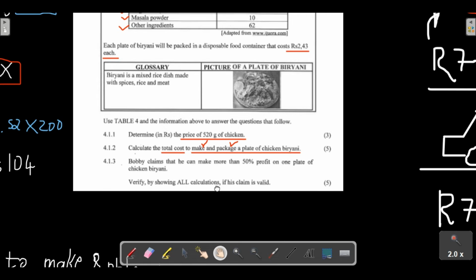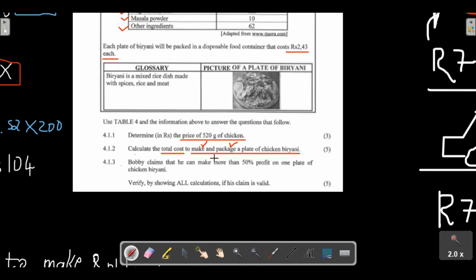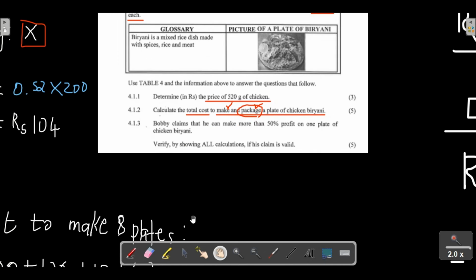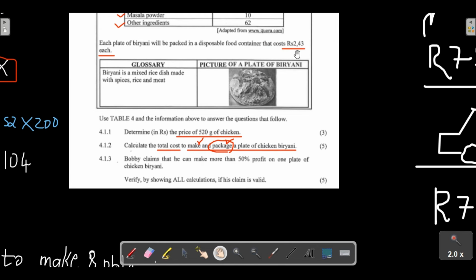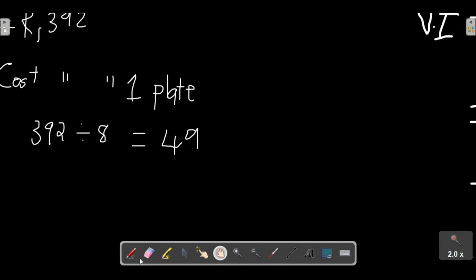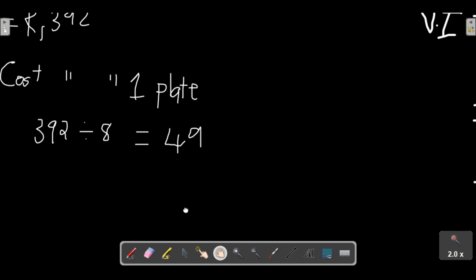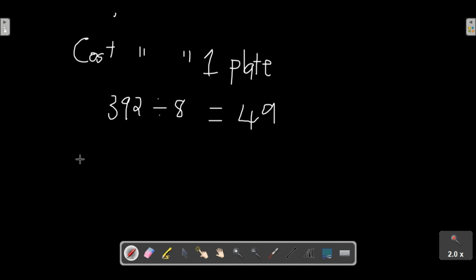Now after we've done that, let's add the package cost. Remember, you are going to package it as well. So we add 2.43 rupees to that 49. That means the total cost is 49 plus 2.43.